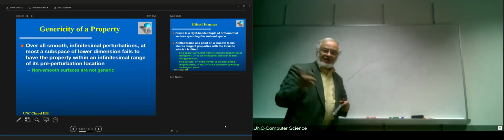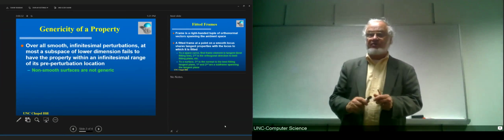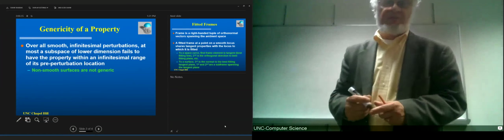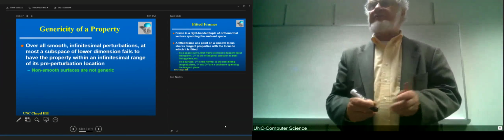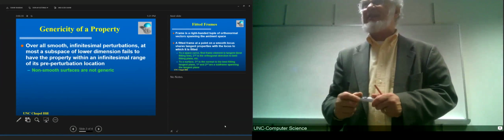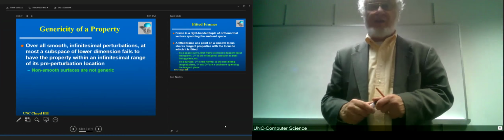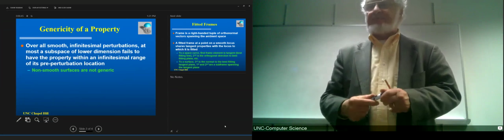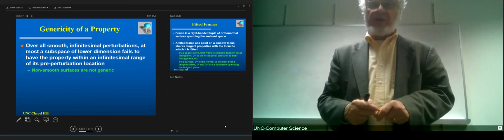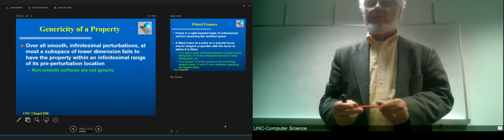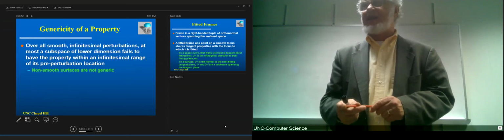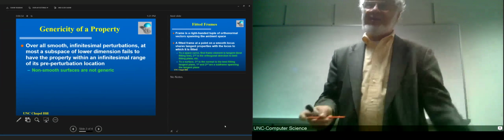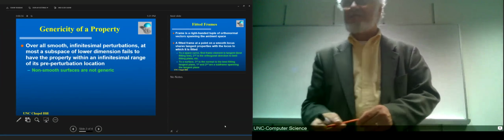And I'm glad you're asking questions, because I want you to break in as soon as you have one. So you have the continuously infinite set of smooth infinitesimal perturbations. And if at most a subspace of lower dimension, typically that's a finite dimension. Any finite dimension is of lower dimension than infinite dimensions.